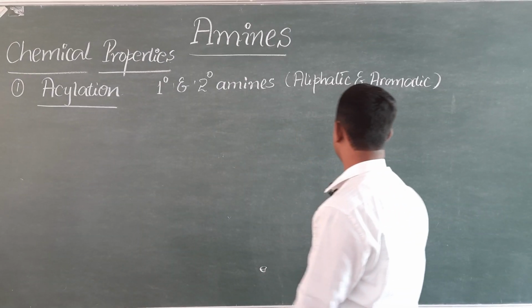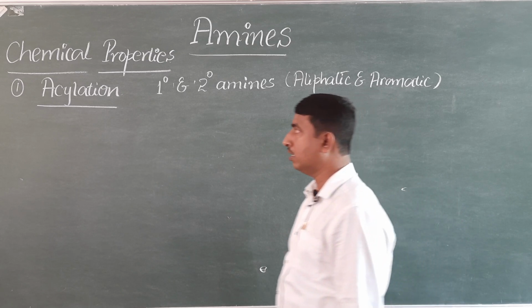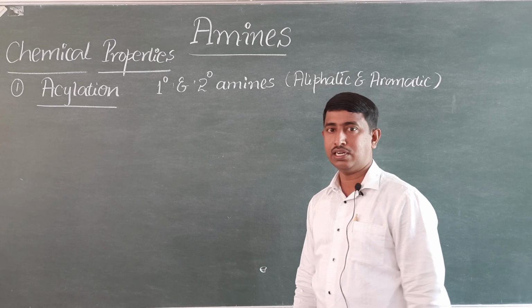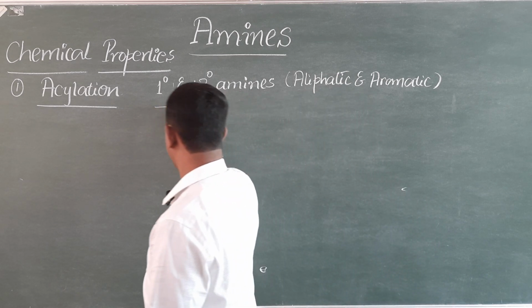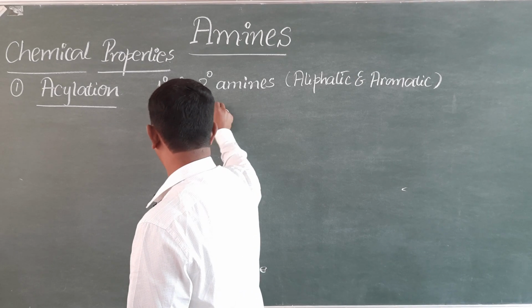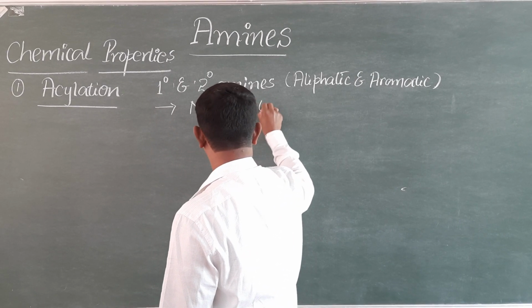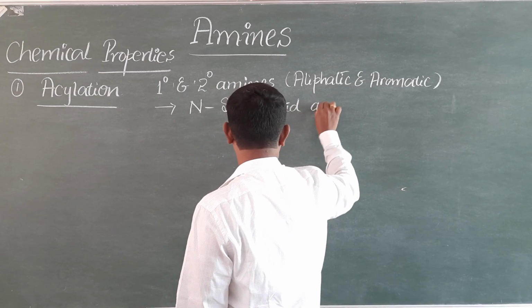So, aliphatic and aromatic primary and secondary amines undergo acylation in the presence of either acid chloride or acid anhydride. The formed product is named N substituted amide.